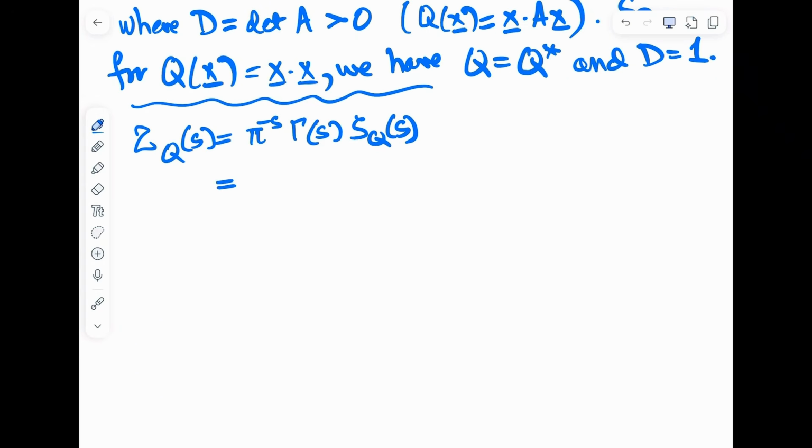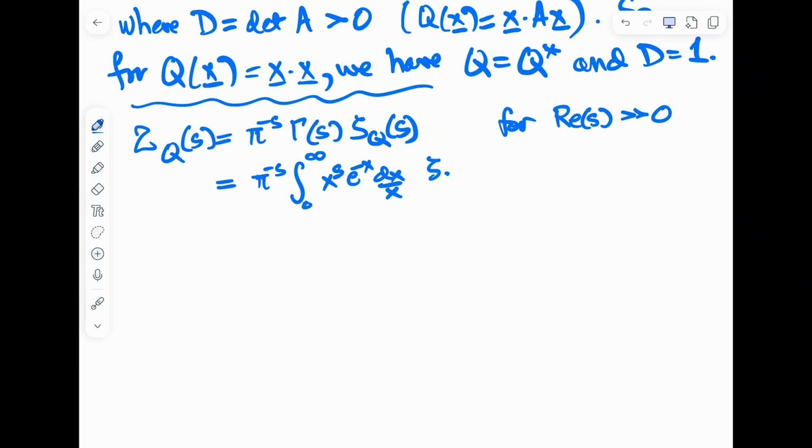Let's see. The gamma function is, let's say we're going for a real part large enough that the Dirichlet series converges. The gamma function integral x to the minus s e to the minus x dx over x times zeta q. If we bring the pi inside the integral, we can put it downstairs, and we're going to make a multiplicative change of variables.